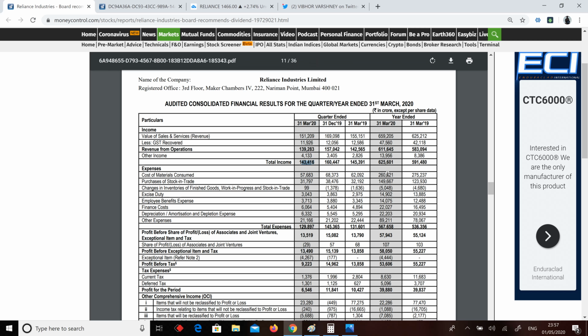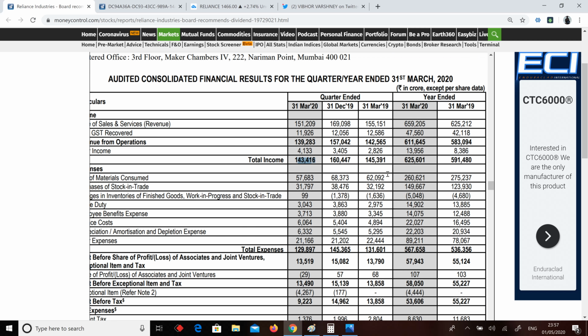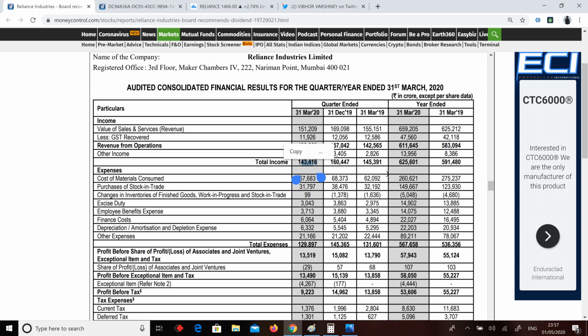Let me zoom in a little bit. Next, the most important thing to check is not sales and not profit. The most important thing Reliance is working on day by day is the finance cost.